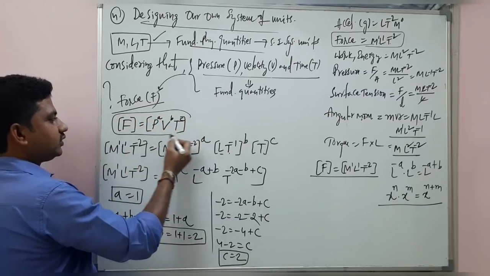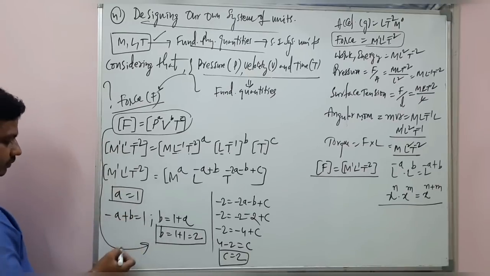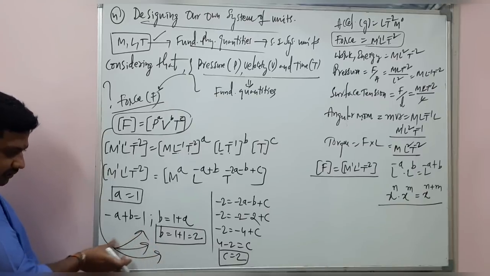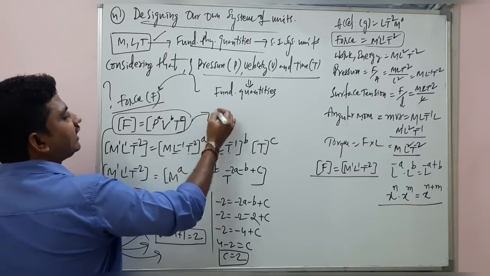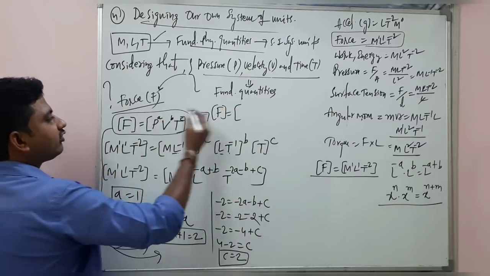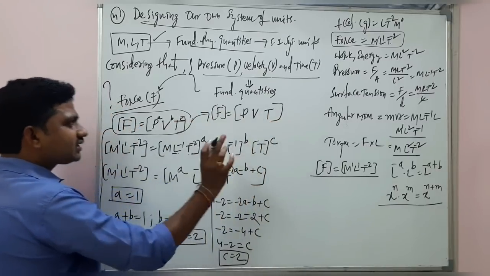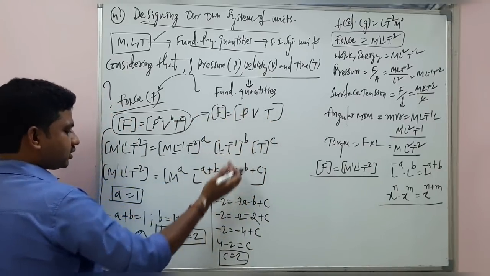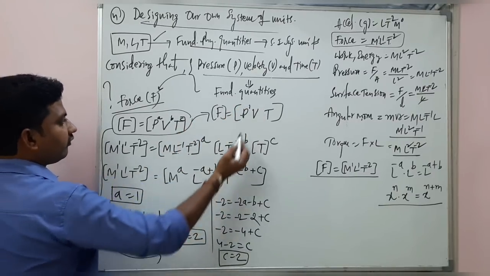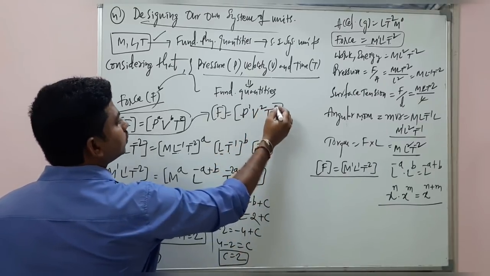From these a, b, c values, if you substitute at the final, the force can be written in terms of pressure, velocity and time, by raising the pressure to a, which is 1, P to the power 1, V to the power b, b is 2, and c is also 2.